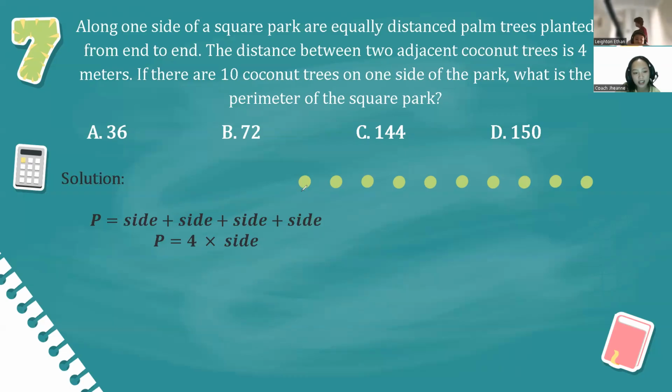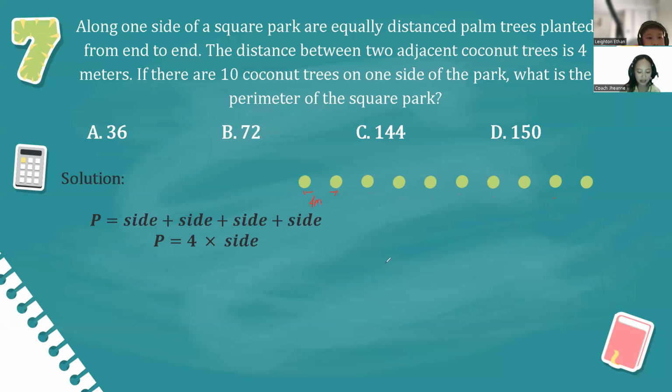Let us assume that these are the coconut trees: 1, 2, 3, 4, 5, 6, 7, 8, 9, 10. And it is said that the distance between 2 adjacent trees is 4 meters.